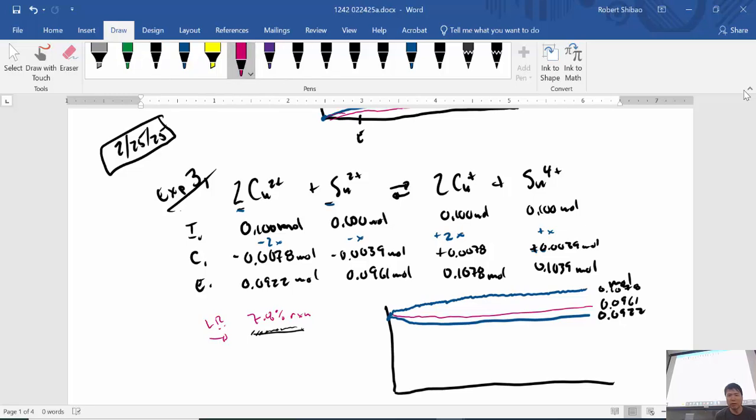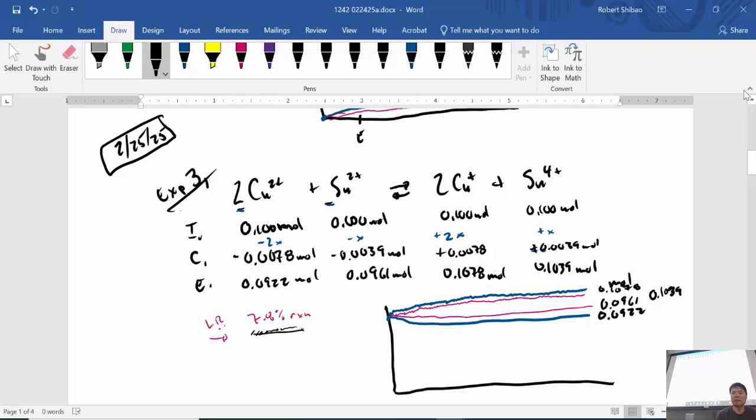And then our tin 4, we gained a little bit less, 1039. I'll have to write that over here, 0.1039, since I didn't give myself enough room. So 1078, 1039.